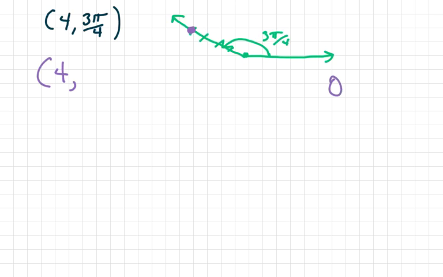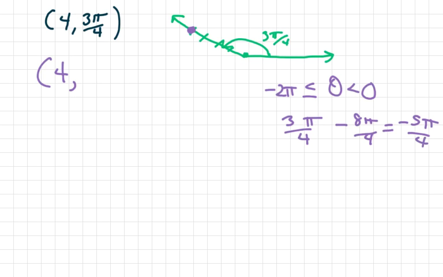We want our angle between negative 2π and 0. So what we're going to do is subtract 2π. So we have 3π/4 minus 2π, which is 8π/4, and you get negative 5π/4.